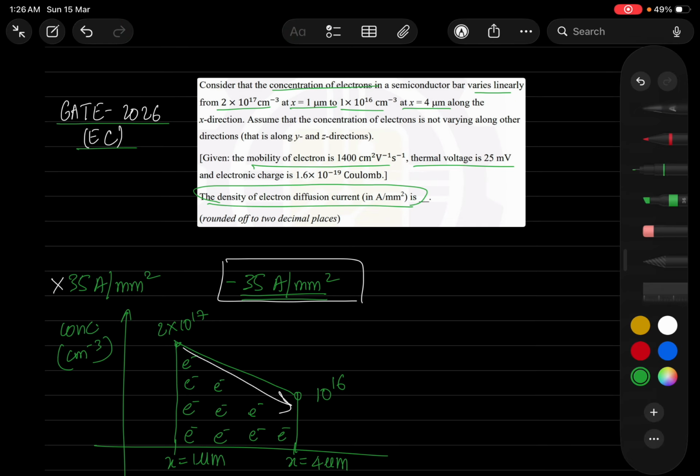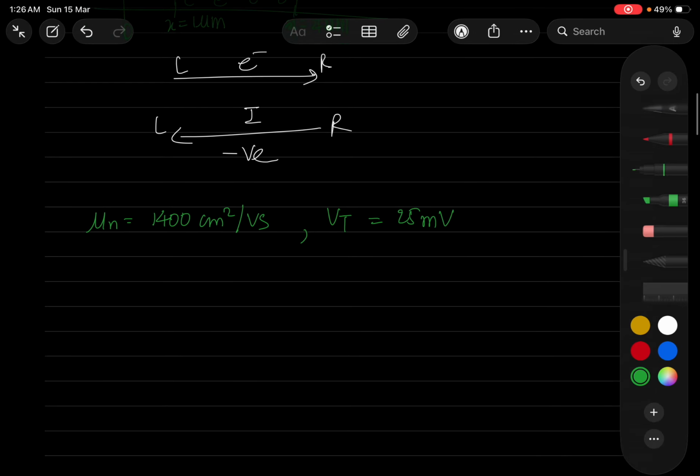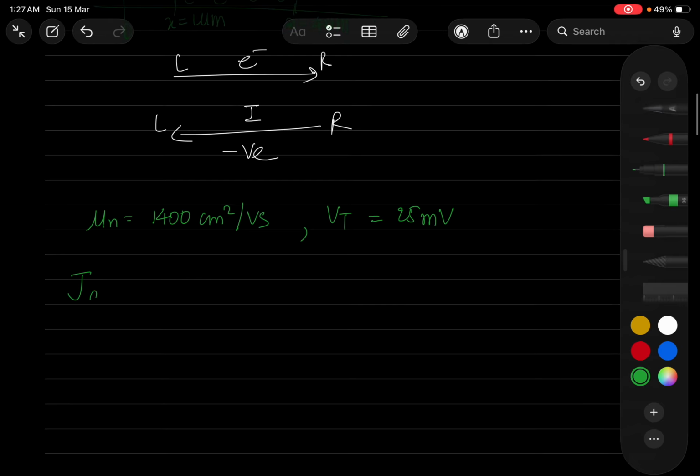Now we are supposed to find the density of electron diffusion current, which is given by this expression: J diffusion electrons equals Q Dn dn by dx, where Q is the charge of electron, Dn is the diffusion coefficient, and dn by dx is the concentration gradient.